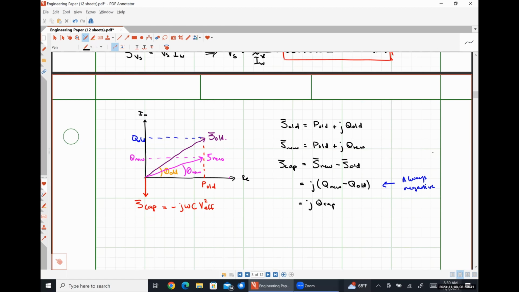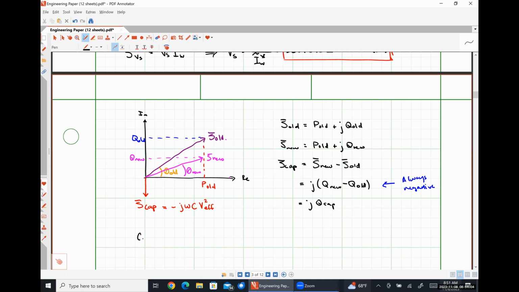So if we equate our two relationships for S capacitor, we can actually solve for C that will let us know what value of capacitor we need to put in to our system based on our understanding of what really theta old and theta new are. We'll talk about that in a moment.